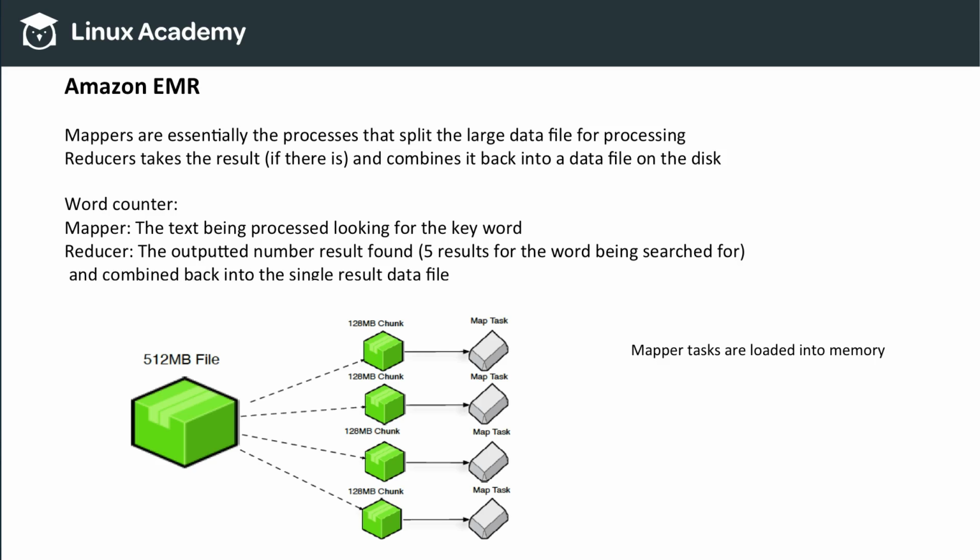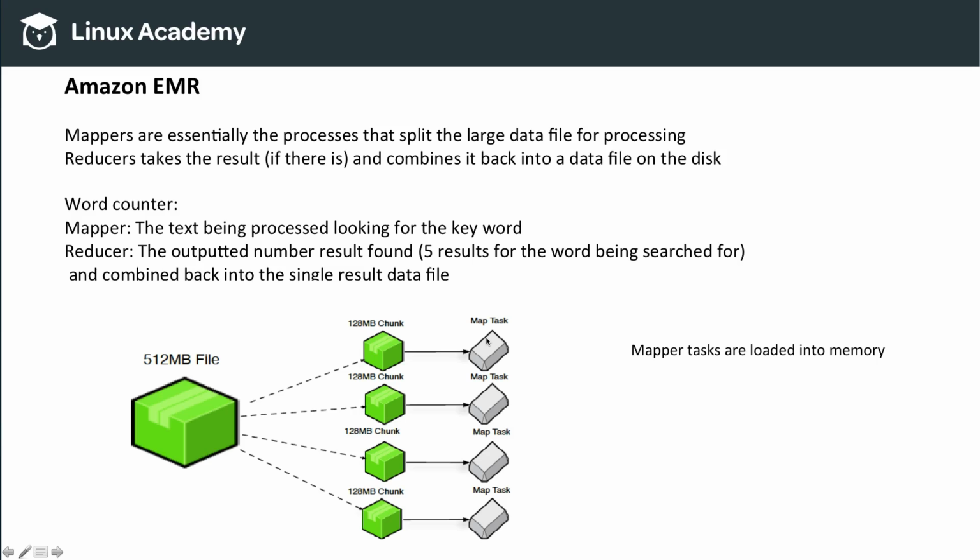So what the mapper does is it loads the 128 megabyte chunk into memory and begins processing. It begins processing against the code defined by that developer. That code is counting the number of occurrences for words within this 128 megabyte chunk. So that would be our mapper. It's the text being processed that's looking for the keyword.